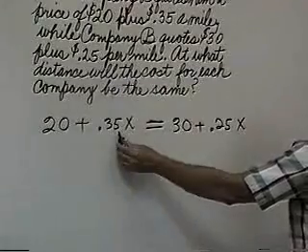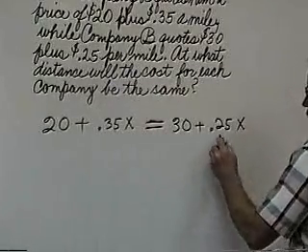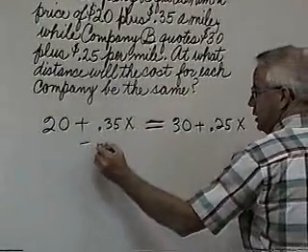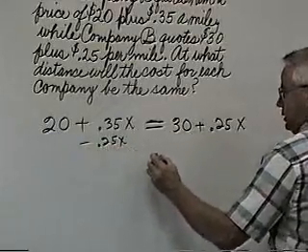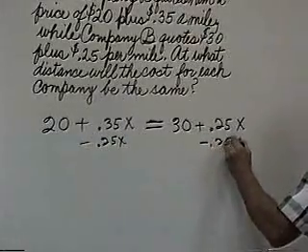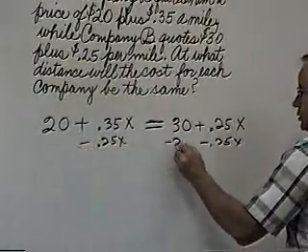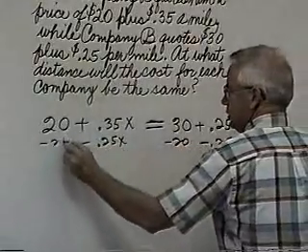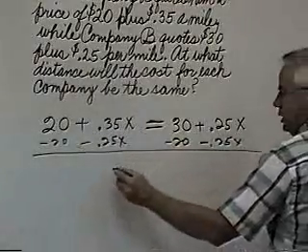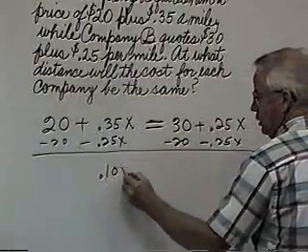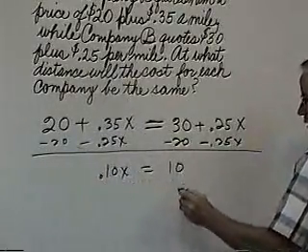Okay, the x over here is the larger one, positive, so we'll move this across. So we'll subtract 0.25x from both sides. And then if we've got the x's on this side, we want to move the numbers across. So we'll put the minus 20. And so we have 0.10x is equal to 10.